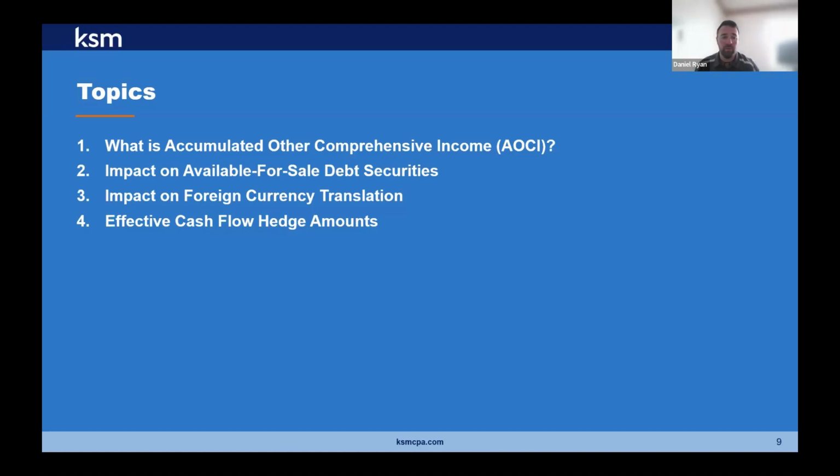This isn't a comprehensive list, but it's some of the more common ones that we see in our client base. Of those, we see a fair amount of debt securities, particularly those classified as available for sale, and that'll be our first example. We'll also go into when we have some foreign currency translation items for a company, when that needs to be done, and how that could impact AOCI. And we'll wrap up with an example on effective cash flow hedges and how those amounts can flow through AOCI.